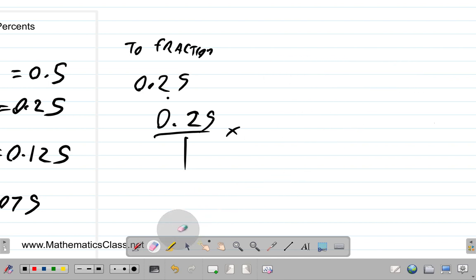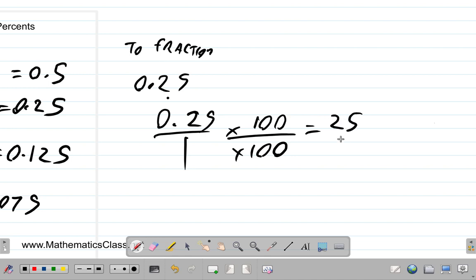You can't multiply 0.25 by 10 and get a whole number, because 0.25 times 10 is 2.5. You have to go further and multiply by 100. So if you multiply up here by 100, you have to multiply down here by 100 too. You see? So right here, what you get is 0.25 times 100, which gives you 25 over 1 times 100, which is 100.